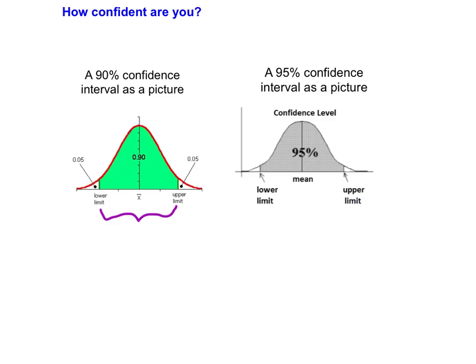Now a 95% confidence interval, same thing. So now we have 2 standard deviations away from the mean, which means that we've got only 2.5% of the population, if you will, on either side that is not being accounted for. So those are your extremes, and they would potentially be outliers, right?